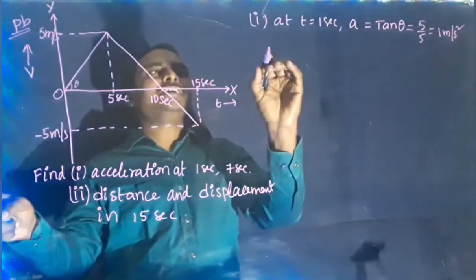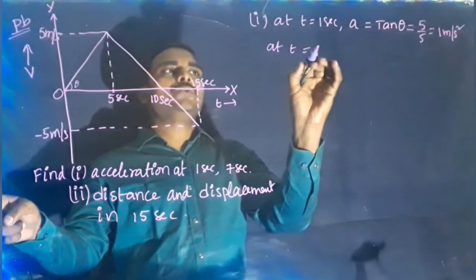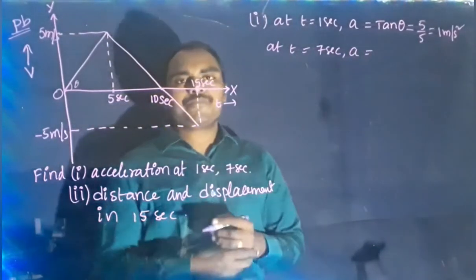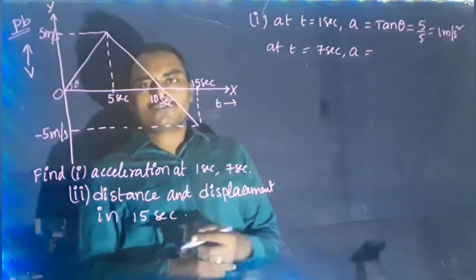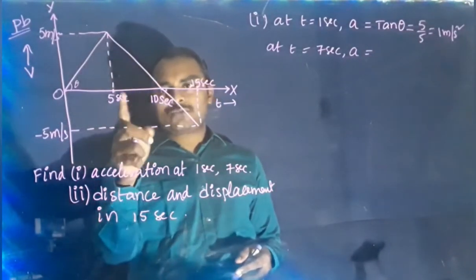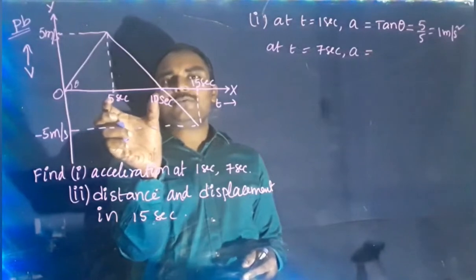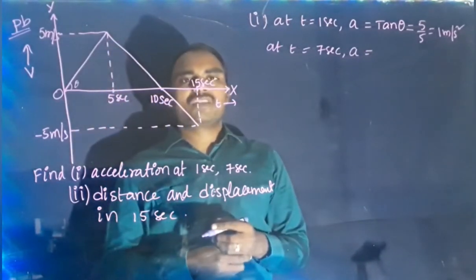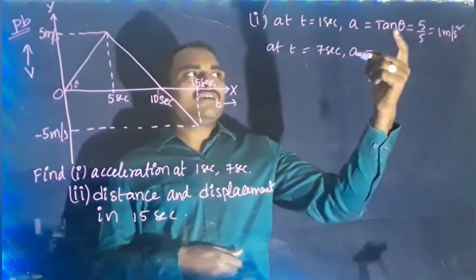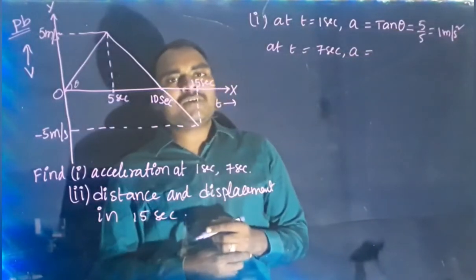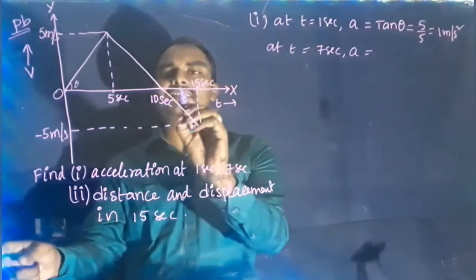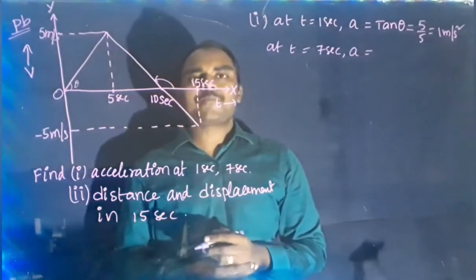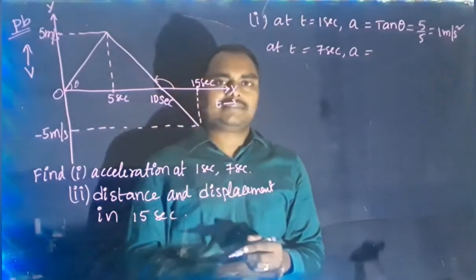Now let us find it at t equal to 7 seconds. So a equals tan theta. At 7 seconds, that is 5 to 10, the graph is a straight line making a constant angle. Theta is always the angle made by the straight line with the positive x-axis, measured anti-clockwise.